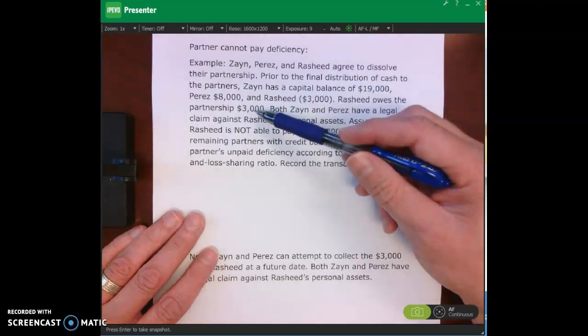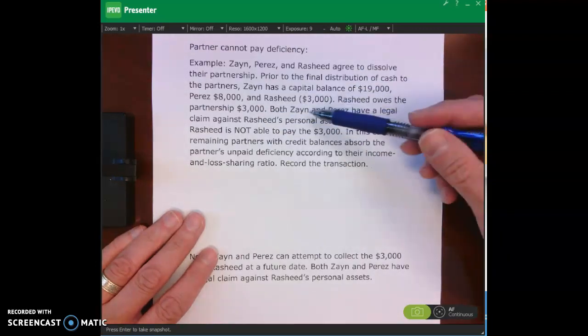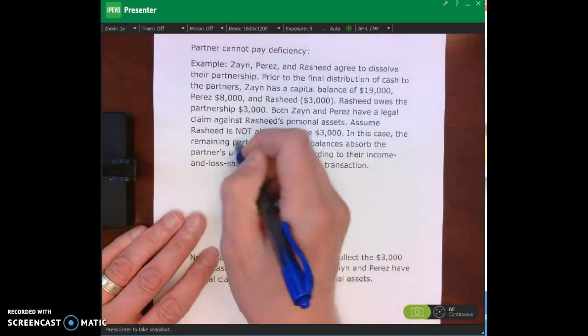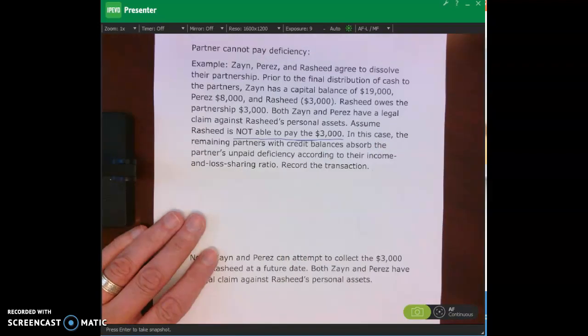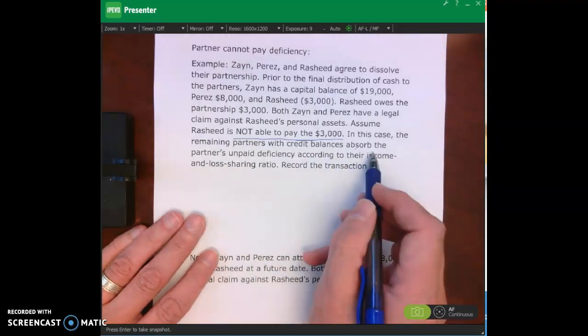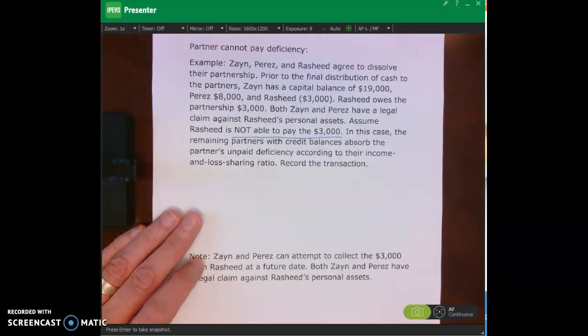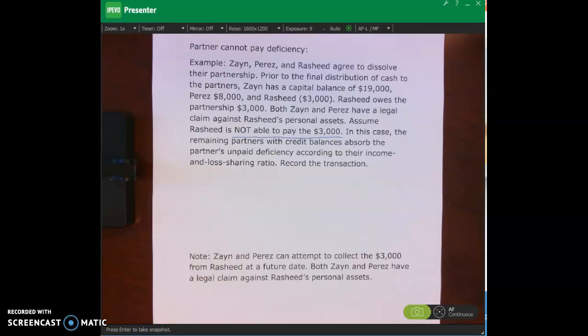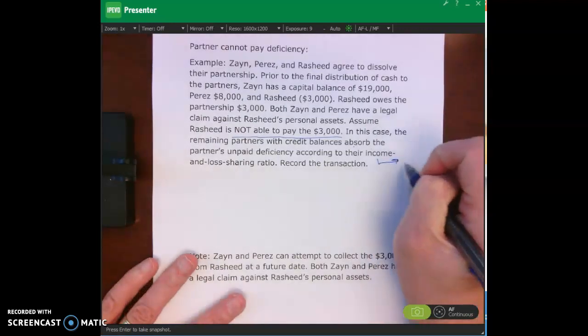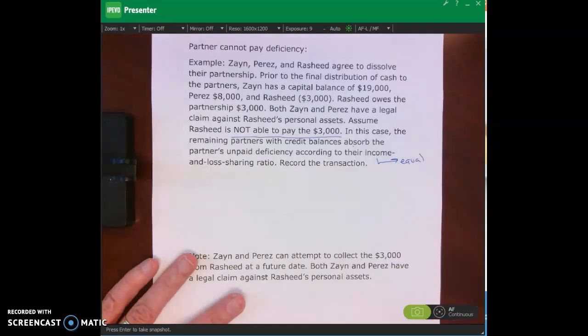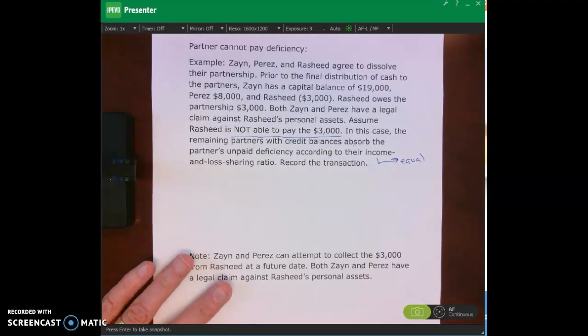Rashid owes the partnership 3,000. But we're assuming that Rashid is not able to pay. Okay, so in this case, the remaining partners with their credit balance absorb the partner's unpaid deficiency, according to their income sharing, and we're saying their income and loss sharing ratio, remember, is equal.